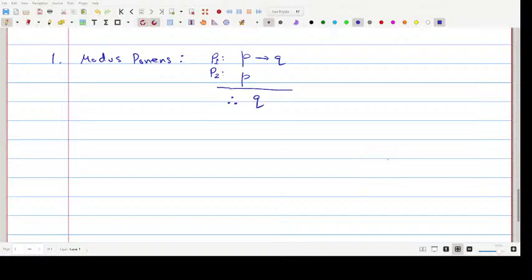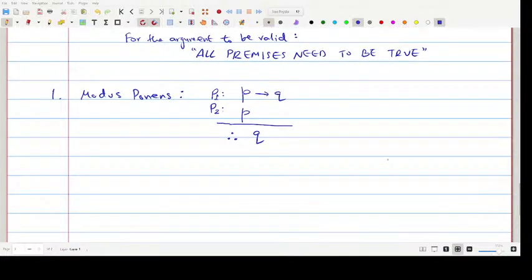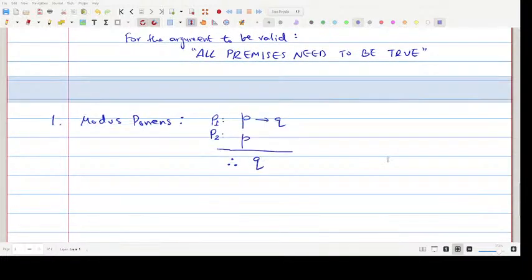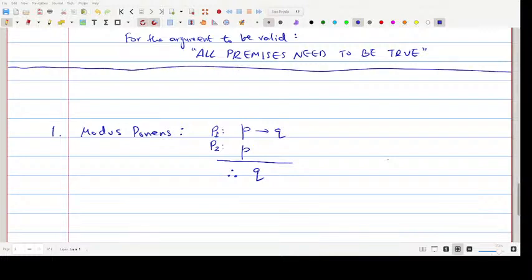So in order to understand this, let's take a few statements P, Q, and R maybe. Let's say we have got statements P, Q, R as follows.